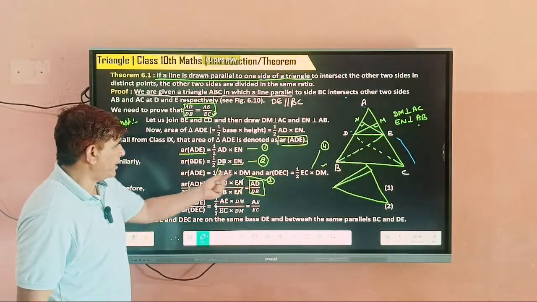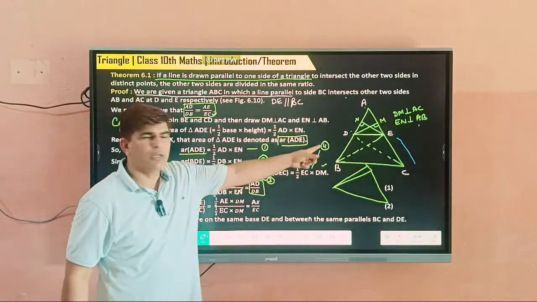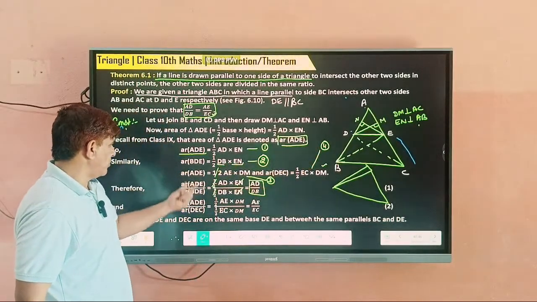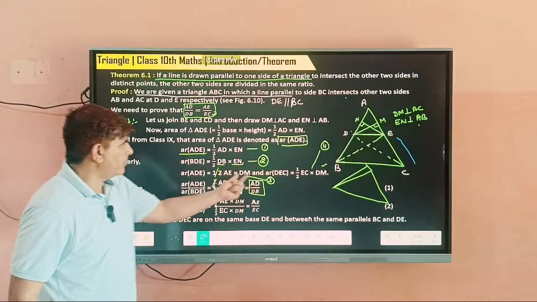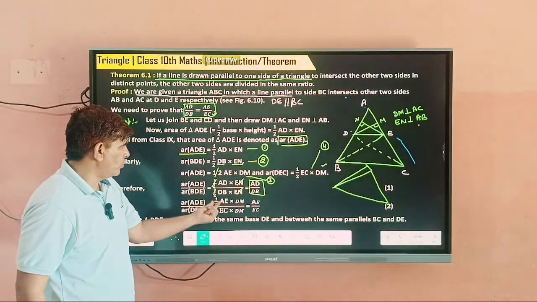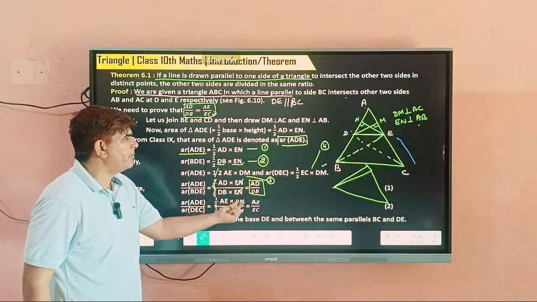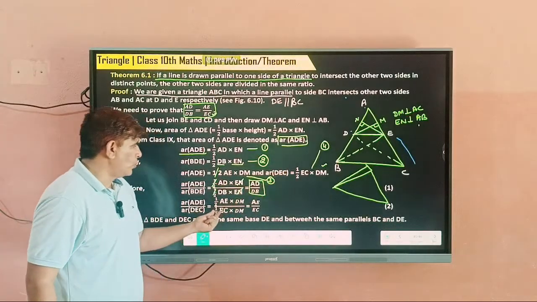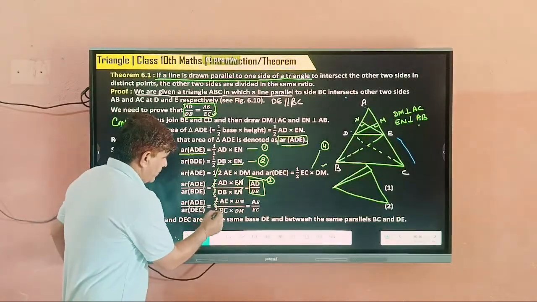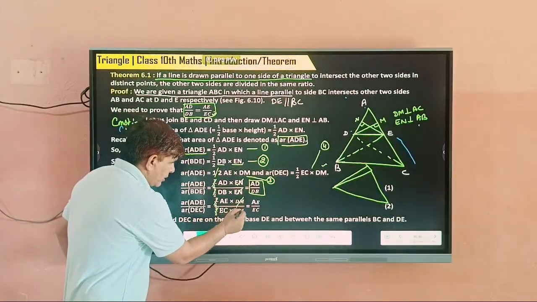Then divide equation number 3 by equation number 4. What's coming? Area of triangle ADE divided by area of triangle DEC, that is 1/2 AE into DM over 1/2 EC into DM. Again the common terms cancel.